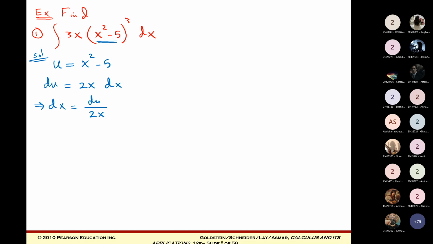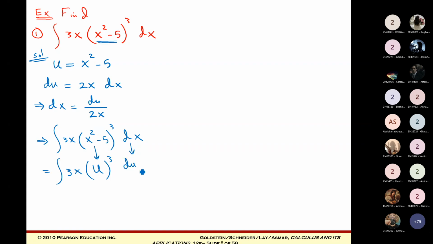The integral of 3x (x squared minus 5) to the power 3 dx equals 3x, and this is u to the power 3, and dx equals du over 2x.